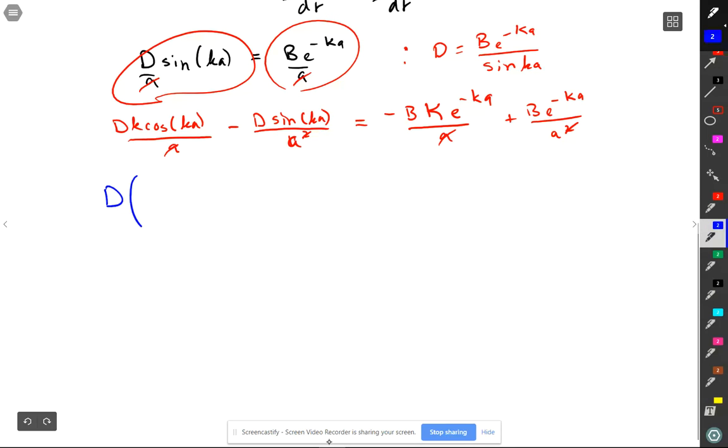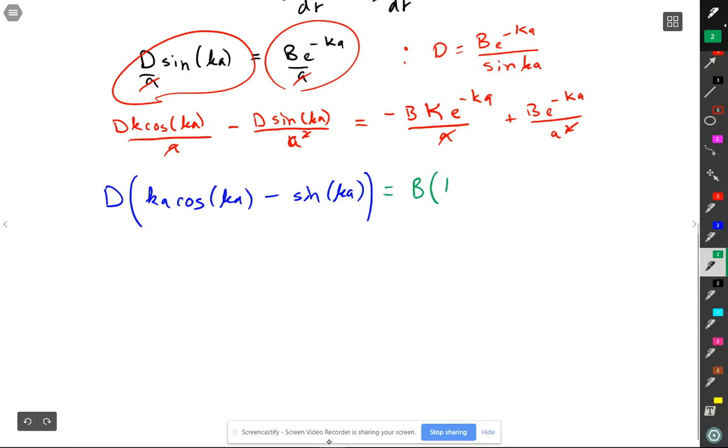So that got rid of the things in the denominator and made this, factoring out the d, ka cosine of ka minus sine of ka. That's the left-hand side. And of course, the right-hand side will be b times 1 minus kappa a.